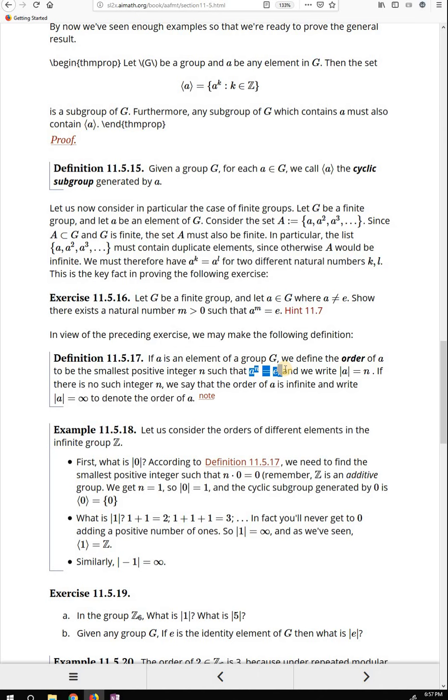So I took that one group element, the 90-degree rotation, and generated all the rotations. The number of rotations in that subgroup is 4, because I created them one by one: 90, then 180, then 270. So the number of elements in that subgroup is called the order.